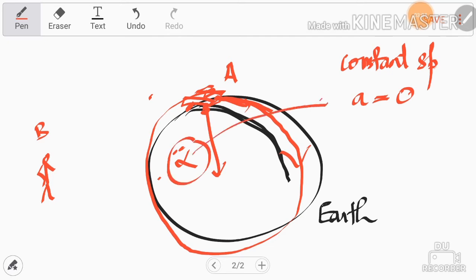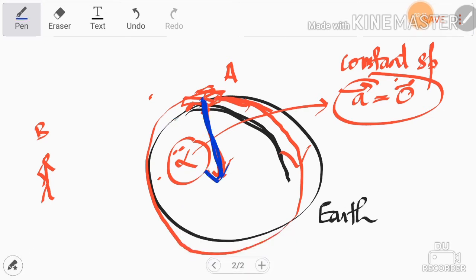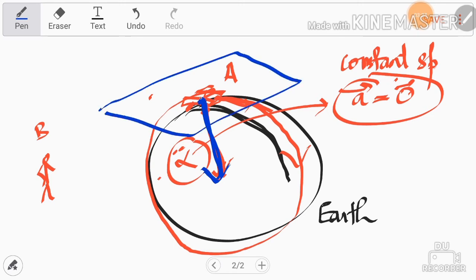So why is there a difference? This is a non-zero vector, and this vector is of course a zero vector. Why is there a difference? It is because Mr. A is looking at only the tangential component of this, which means that if you make a tangent at this point, since this vector alpha double dot is normal to the tangent space, we can see that it does not have any tangential component.